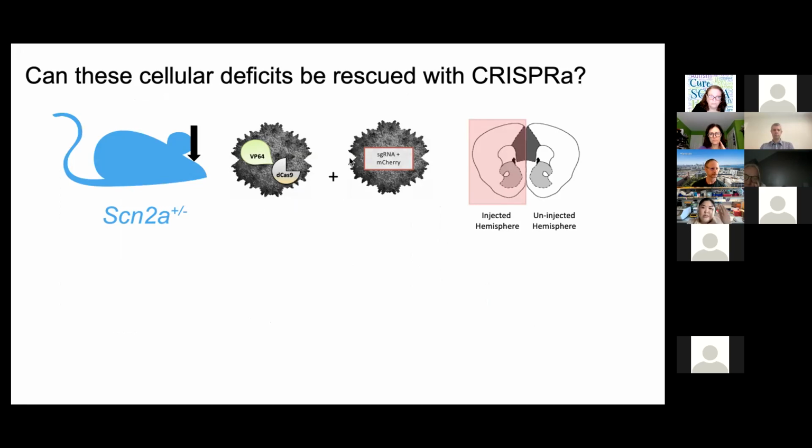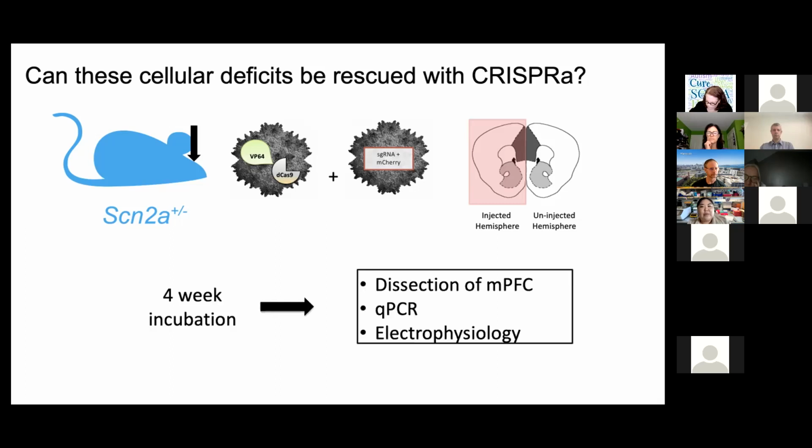I inject unilaterally into one hemisphere so I can use the opposite uninjected hemisphere as an internal control. After about 4 weeks of incubation, I dissect out the prefrontal cortex of both injected and uninjected hemispheres, and then conduct qPCR, while the Bender lab, who we collaborate heavily with at UCSF, follows up on all the electrophysiological properties.